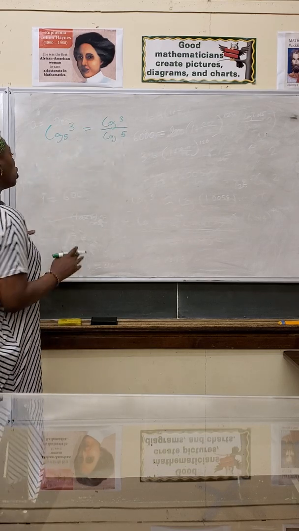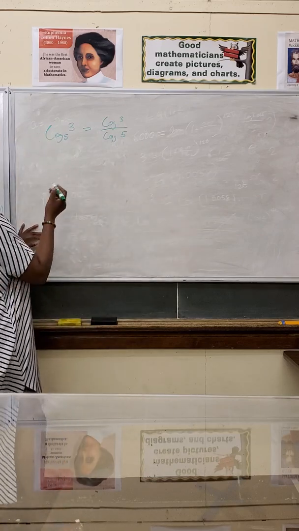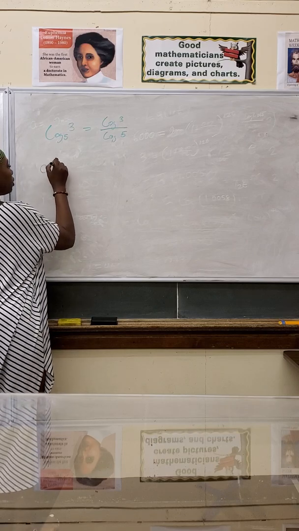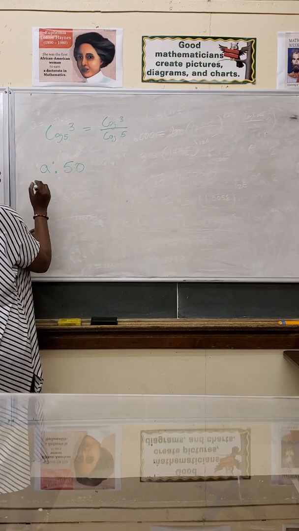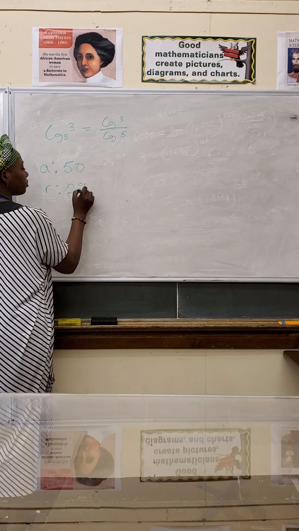So if you consider, let's say, a compound interest question where you end up with something like, let's say your initial value is $50. Let's say your interest rate is 2%.